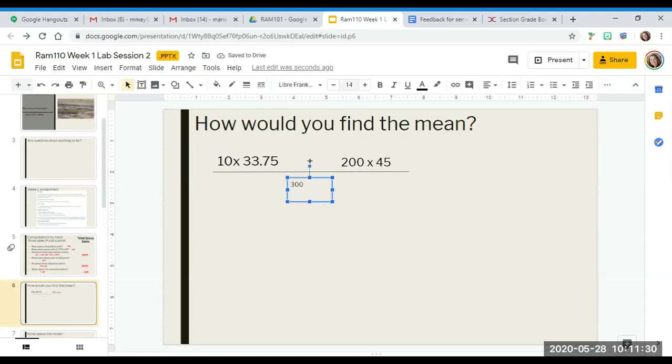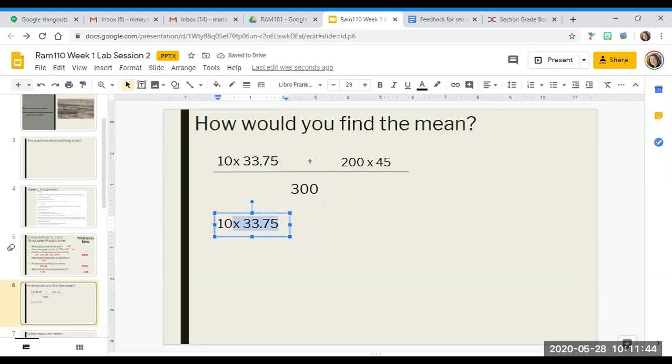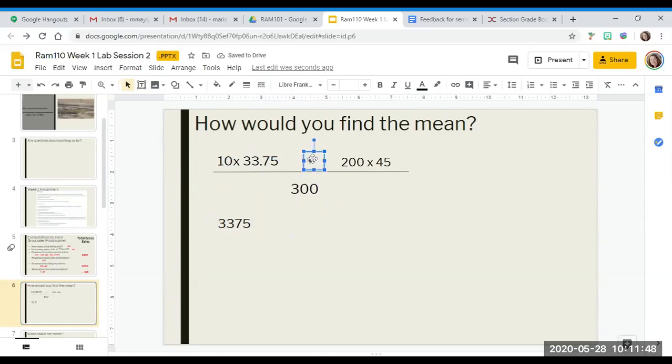So if you remember from our previous gross sales, we've actually already calculated this value. The 10 times the 33.75, we got that to be $3,375. And we already calculated our 200 shirts at $45 a piece. We got that to be 9,000.